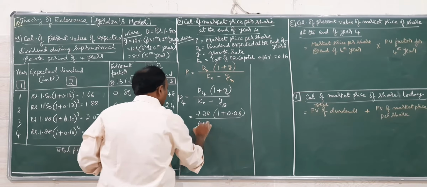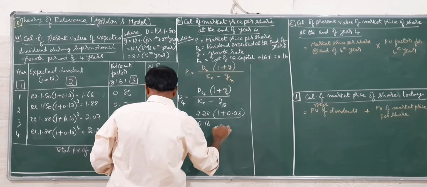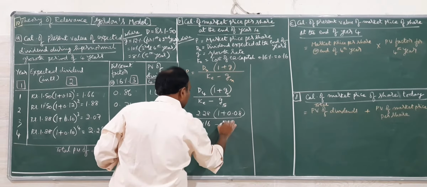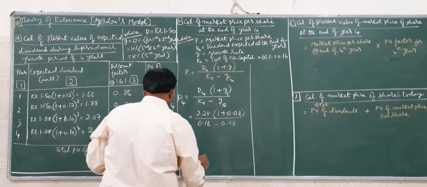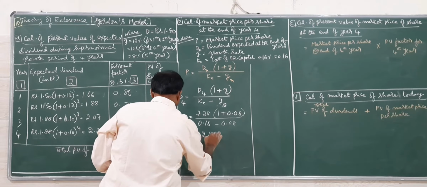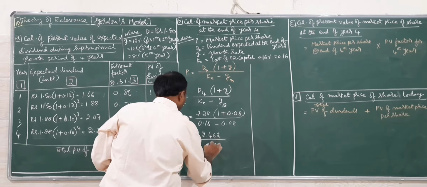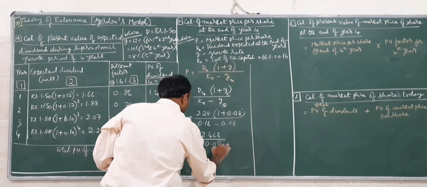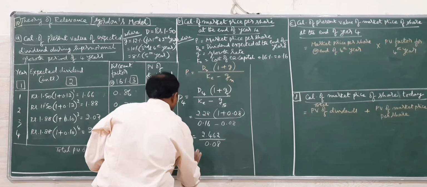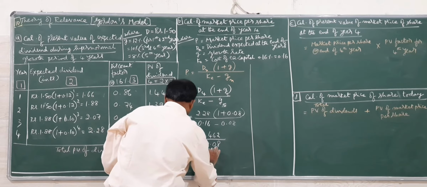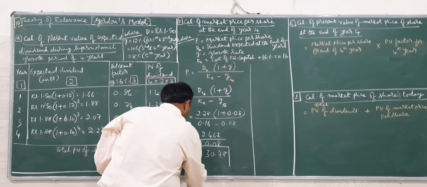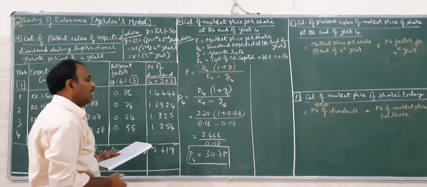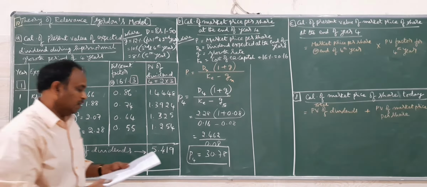So cost of equity 16% minus growth rate for the fifth year 8%. If you simplify here, I'll get 2.462 divided by 0.08. So the price per share is 30 rupees 78 paisa at the end of the 4th year, that is for the 5th year.